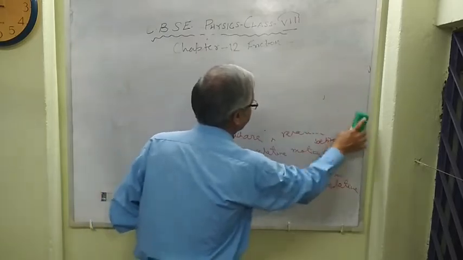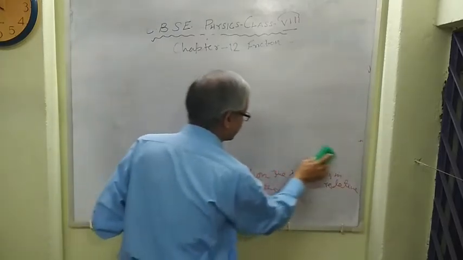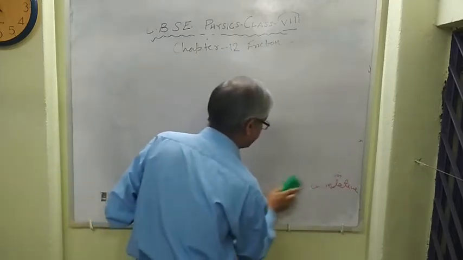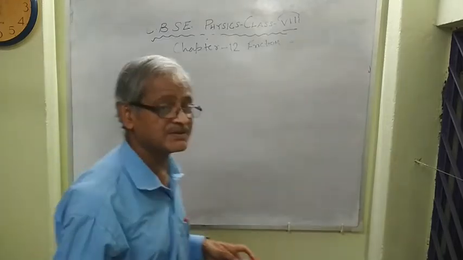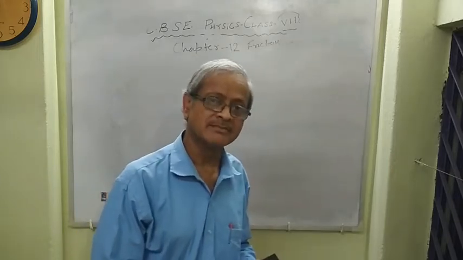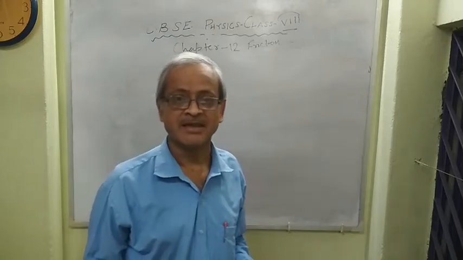Next, we know the cause of friction. Right? What is the cause of friction? Cause of friction, that is why friction is developed between the two surfaces in contact when they are in relative motion or they tend to create relative motion.